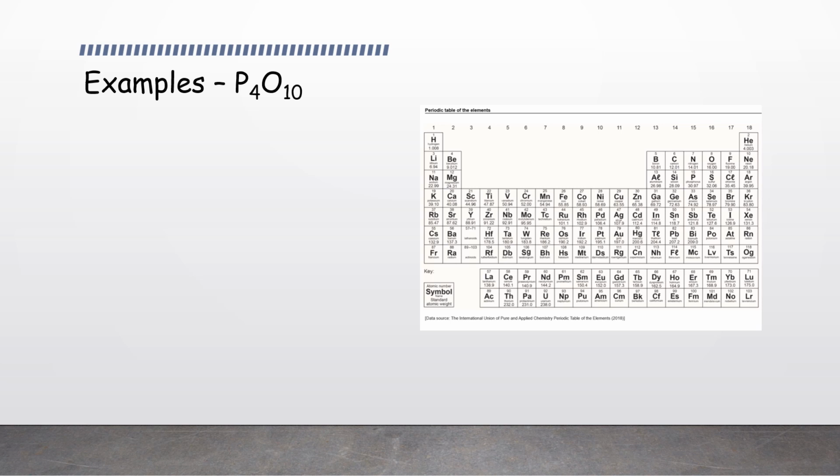Next example, we've got P and O. Phosphorus is further to the left and it's also lower, so it's tetraphosphorus. So the tetra is for the 4, dec for the 10, oxide.